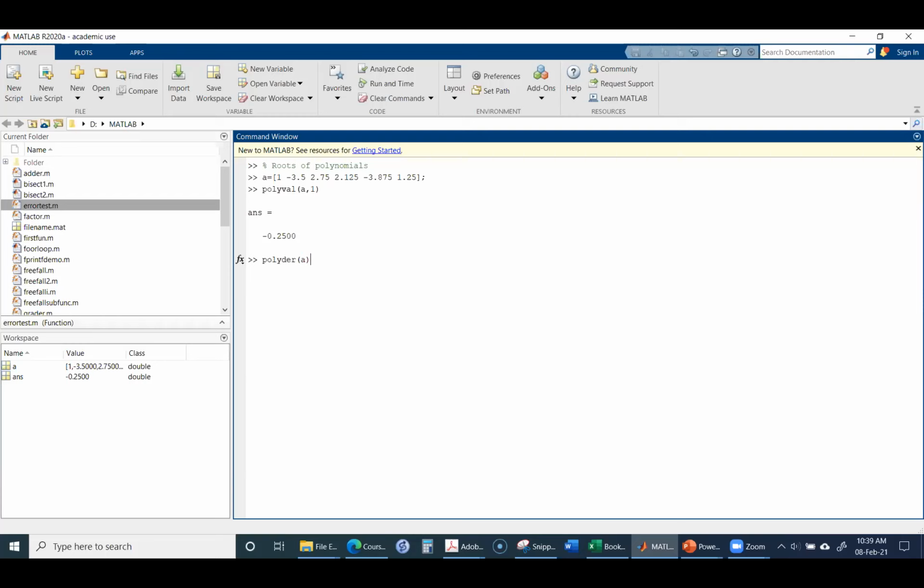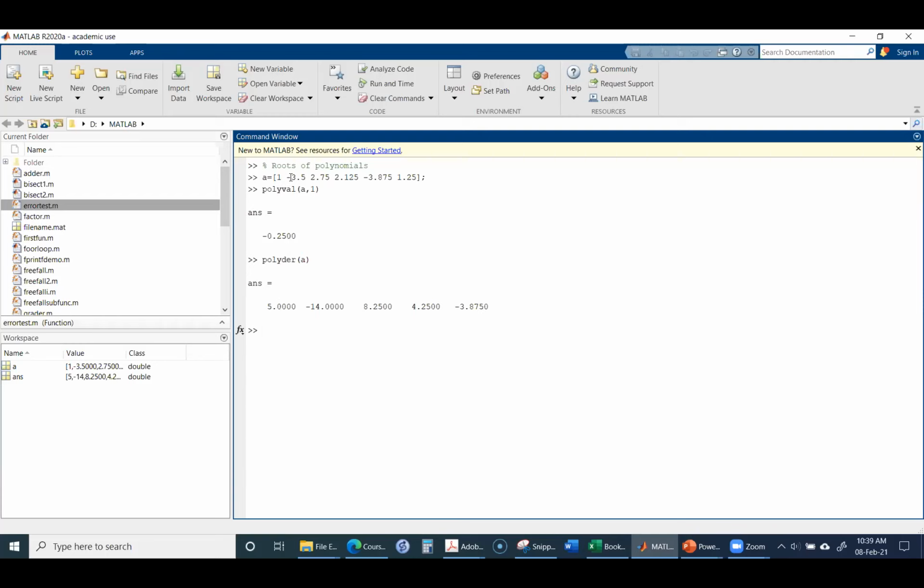If we use polyder a, it will give us the coefficients of the derivative. For example, the first term of the polynomial was x power 5. For x power 5, the derivative is 5x power 4, so the coefficient will be 5.